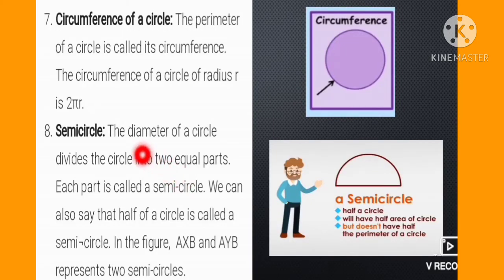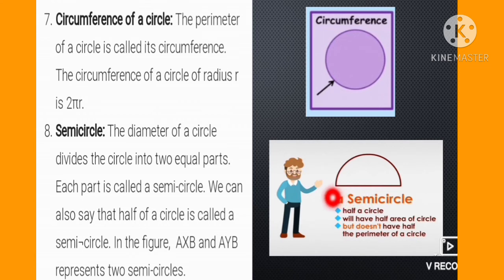Semicircle. The diameter of a circle divides the circle into two equal parts, and here each part is called a semicircle. We can also say that half of the circle is called a semicircle, but here the perimeter of a semicircle is not half the perimeter of a circle, because the perimeter of a circle is 2 pi r.